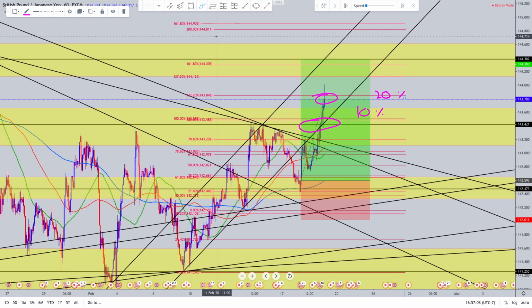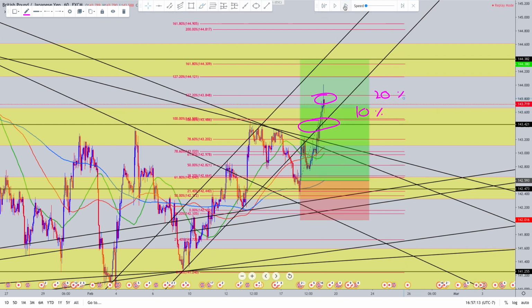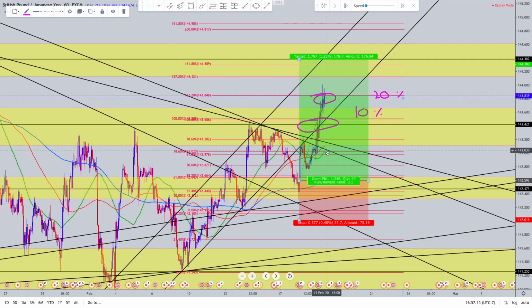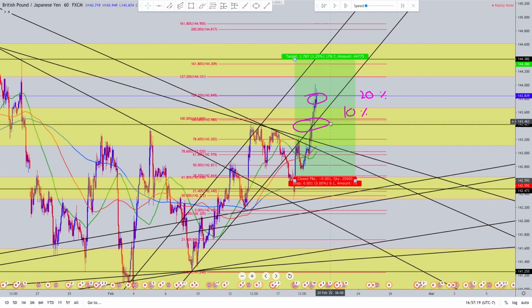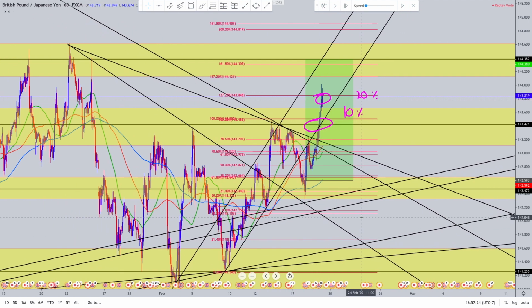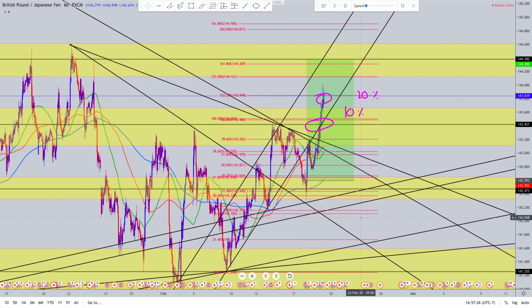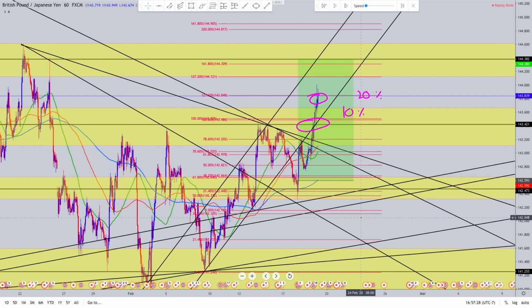All right, let's keep it moving and see if... and honestly at this point I would also move my stop to break even, because there's really no point in having it that close to your target and still taking a loss on the trade. That's just poor trade management.